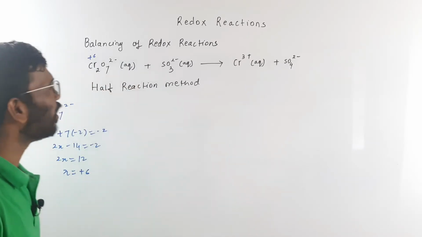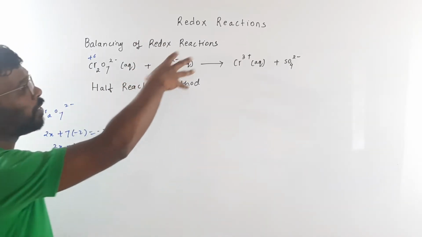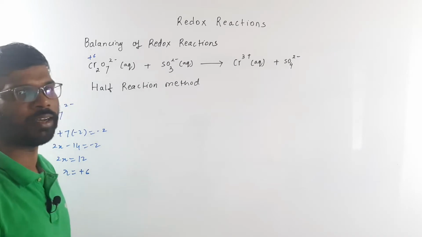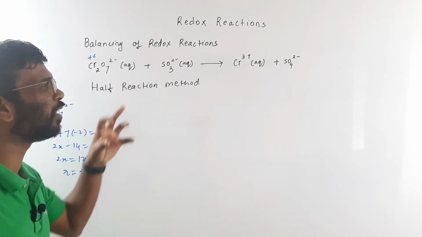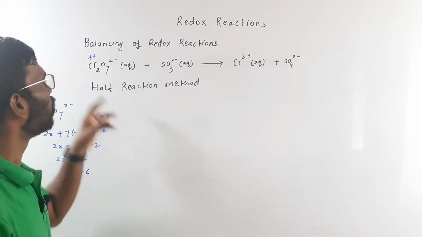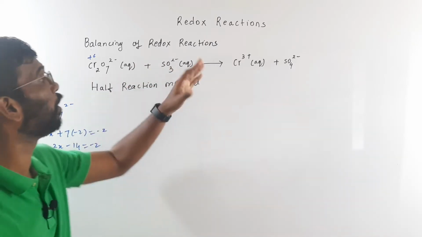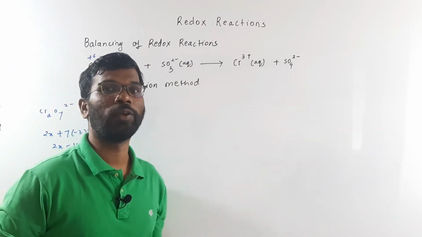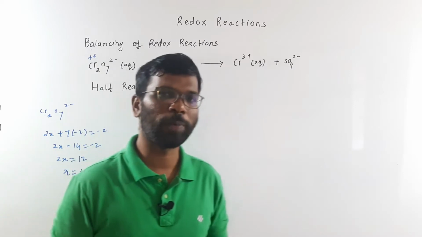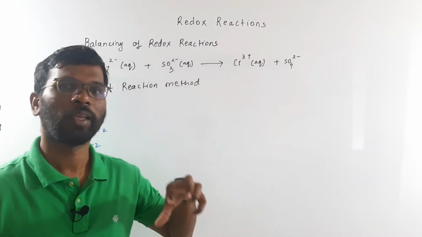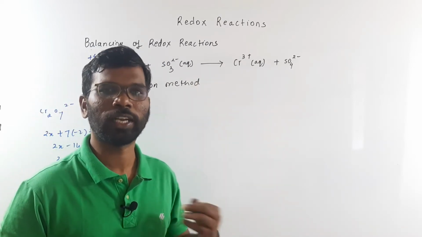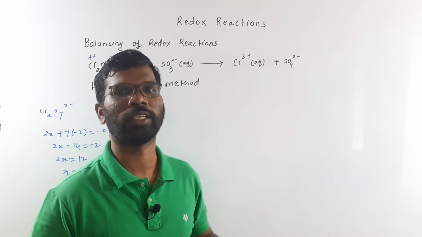Then again, there may be some other species in the reactant, but you have to focus on what is getting oxidized and what is getting reduced. So from this we understood that the chromium is the one which is getting reduced. Whose oxidation and reduction you will be looking at, mostly you will be looking at the elements other than oxygen and hydrogen.